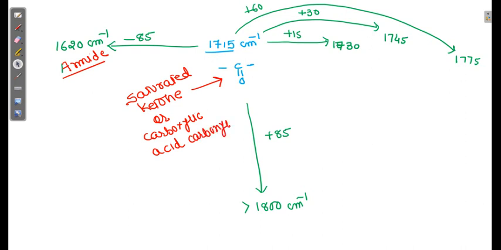Here, aldehyde. Here what are we getting? We are getting ester. Here acid anhydride. This is acid chloride or acid halides.